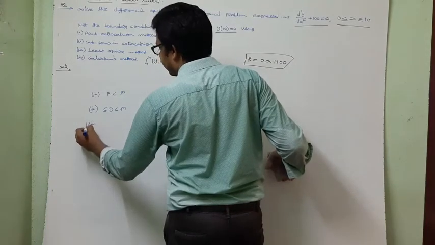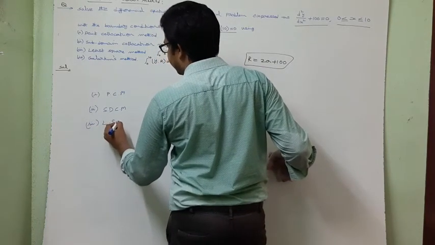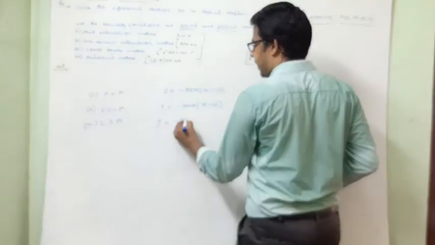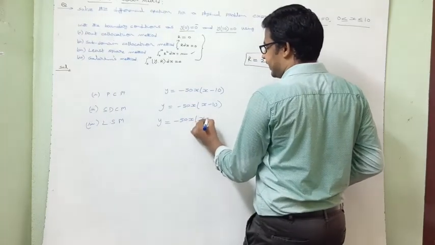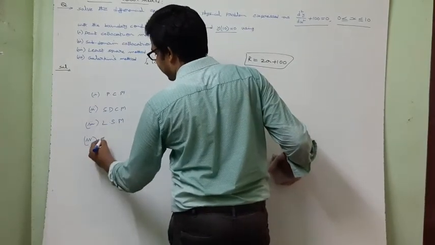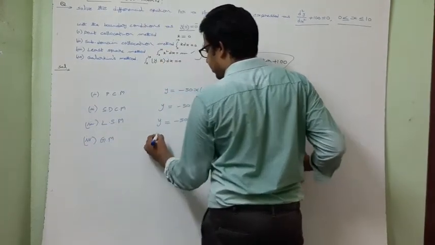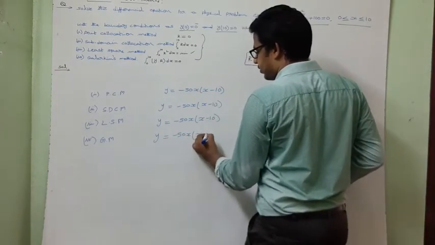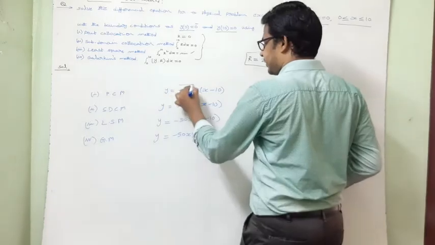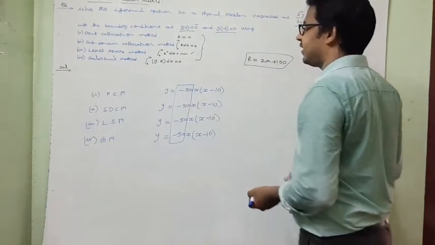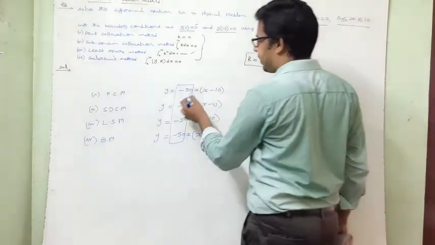Third one, least square method: the trial function y equal to minus 50x into x minus 10. Fourth one, Galerkin method: the trial function y equal to minus 50x into x minus 10. This is the a term, that means constant term minus 50.